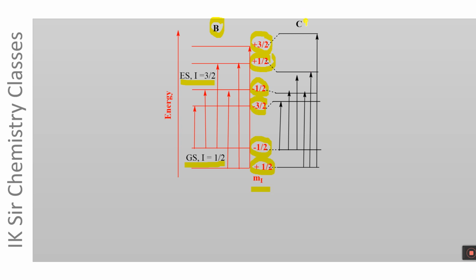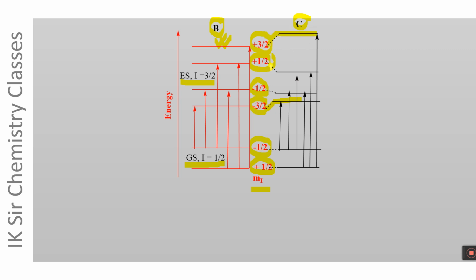Part B is in the presence of magnetic field, and if an electric field is also present within the sample, the energy of Mi equals plus 3/2 and minus 3/2 increases.